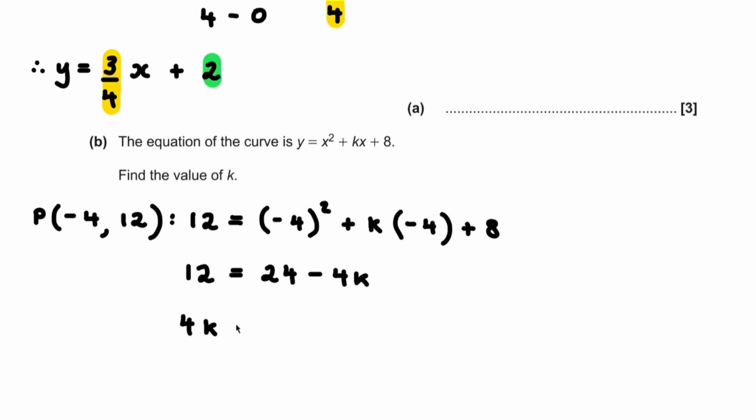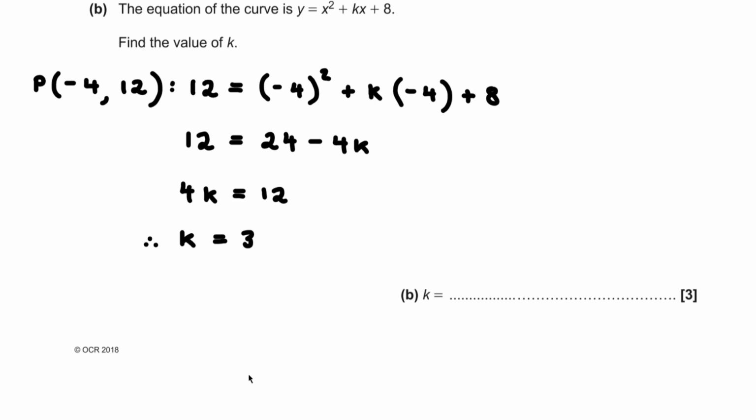So 4k is equal to 12, which means k is equal to 3. And knowing what k is, we can therefore conclude that the equation of the curve is given by y equals x squared plus 3x plus 8.